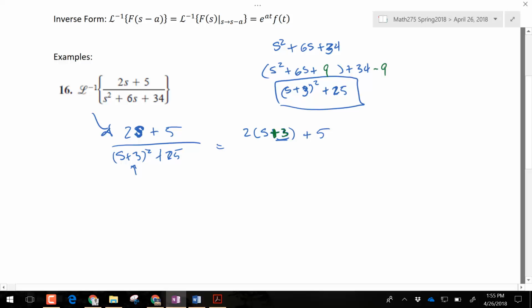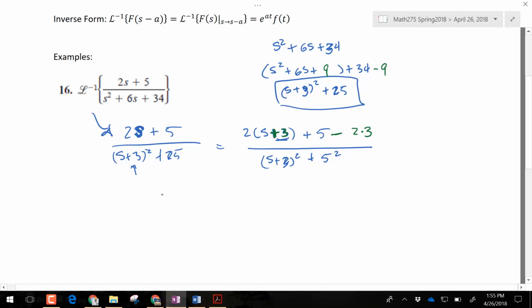So I added 3. I need to subtract the 3. I actually added a 6, right? So I actually need to subtract a 6. So that keeps the numerator the same.